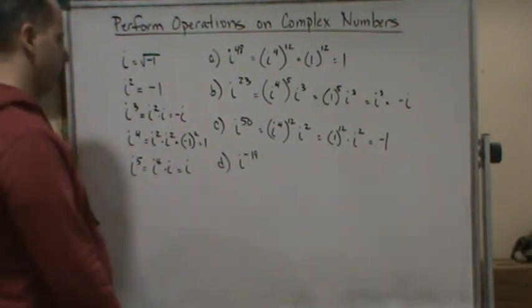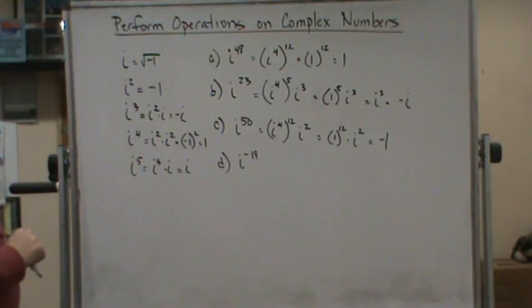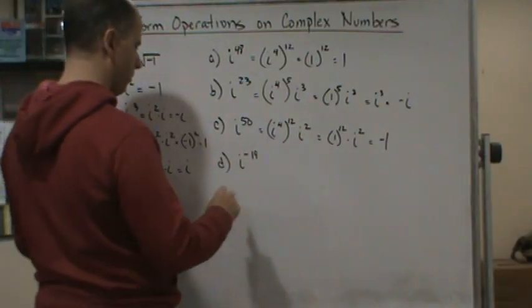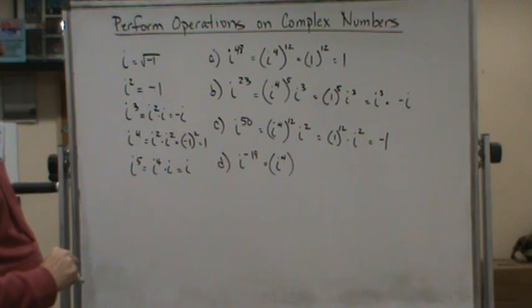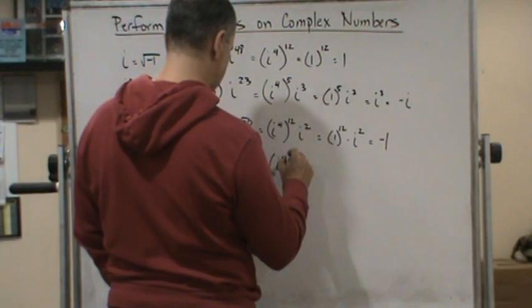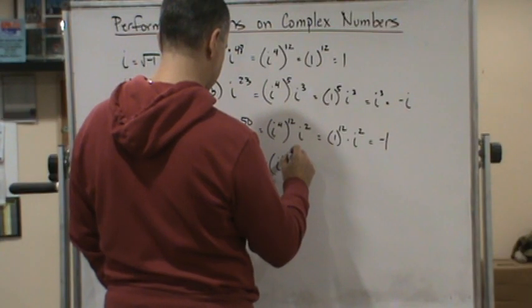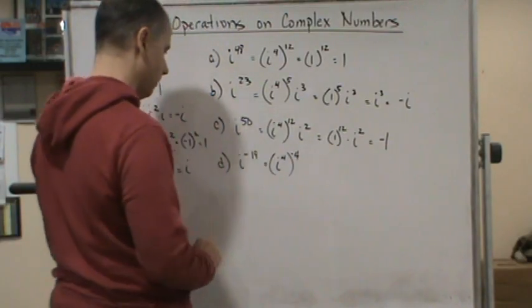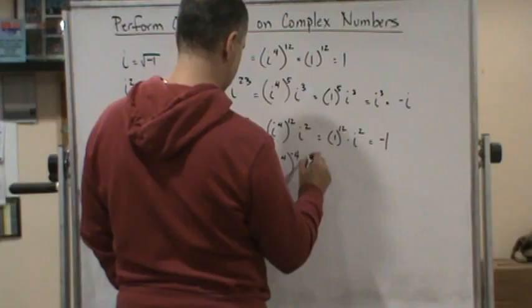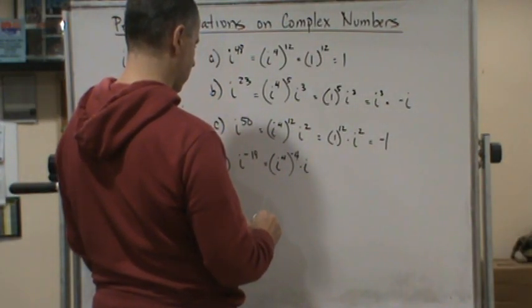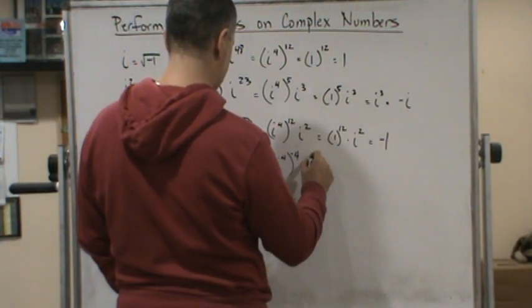And finally, i to the -19. Even though we have a negative exponent, we can write this as i to the fourth times negative 4, times i to the negative third.